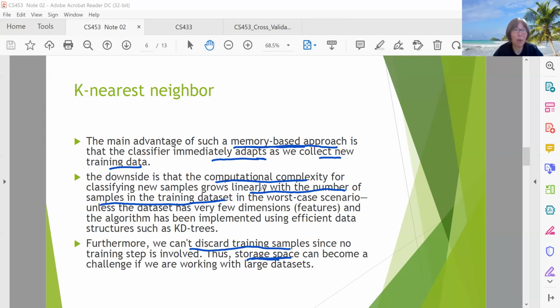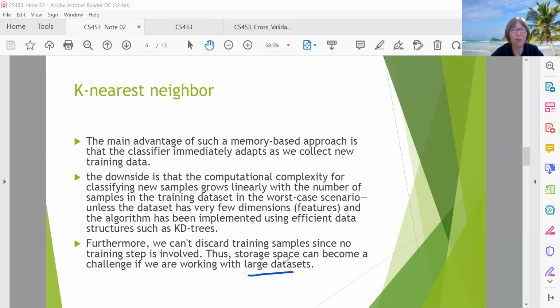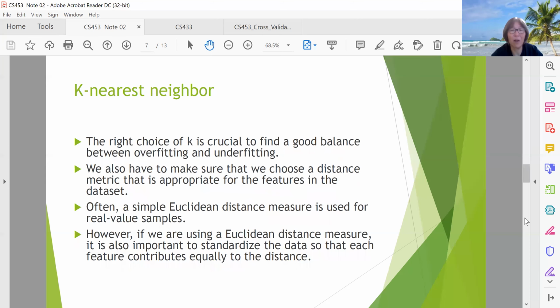Okay, so the memory-based approach has some advantages, but it also has a disadvantage when the data size is large. So that's the upside and downside for KNN.